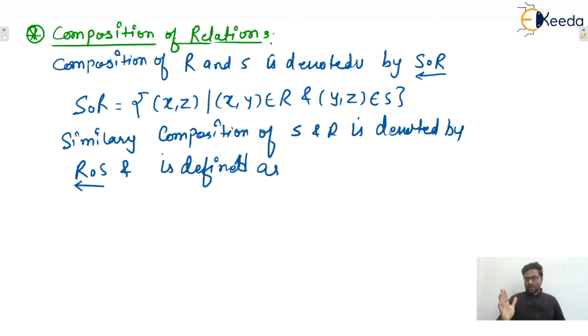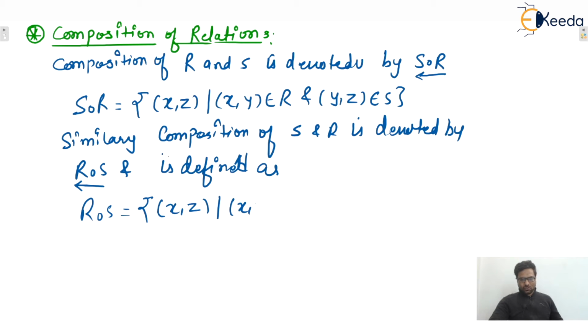Composition of S and R means R will be written first of S, isn't it? So R of S equals the pairs (x, z) such that (x, y) belongs to S and (y, z) belongs to relation R. Remember this one. I hope this one is clear to everyone.